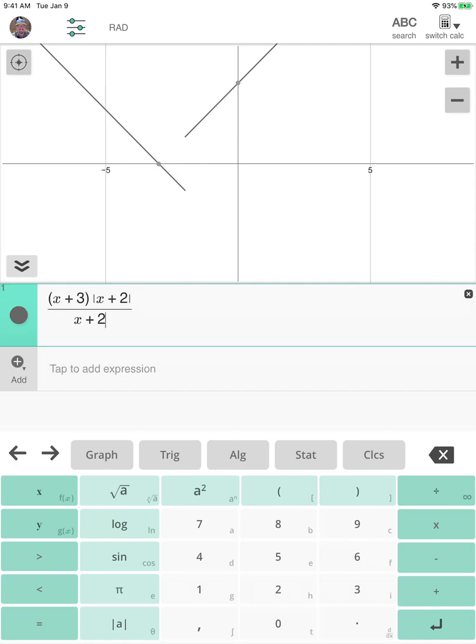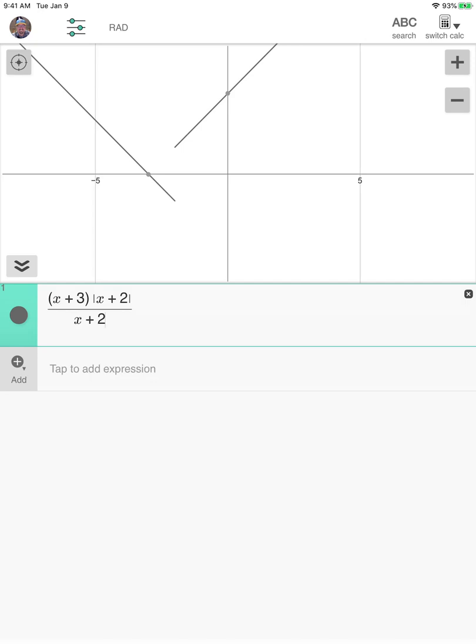In this case, we can see that the piece on the right, and you can actually see the values here, the piece on the right is positive, and the piece on the left is negative. And this one I can actually scroll, so I can just use these answers. The piece on the right approaches positive 2, and the piece on the left is going to approach negative 2, although you can't really see that here.